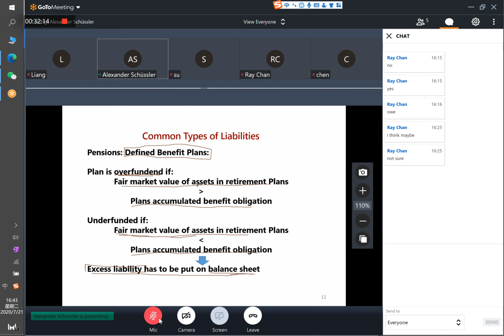Overfunded plans are only allowed to be shown in the notes. So the standard setter, IFRS, says we have to be conservative. That's why excess asset is not allowed to be put on the balance sheet, but rather only in the notes.